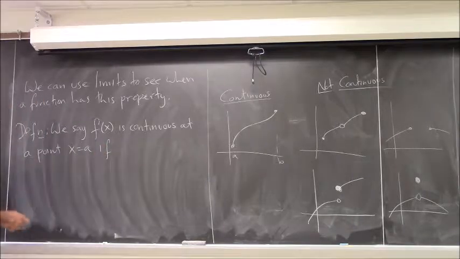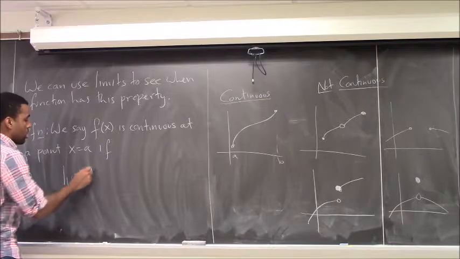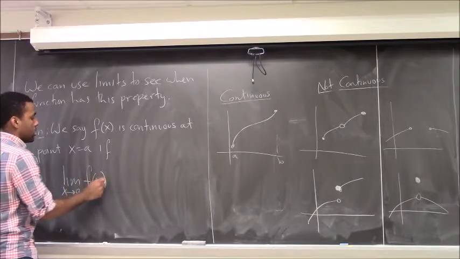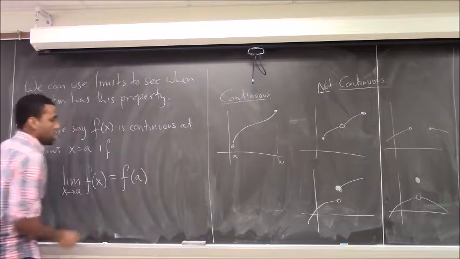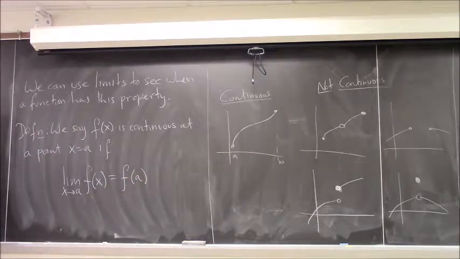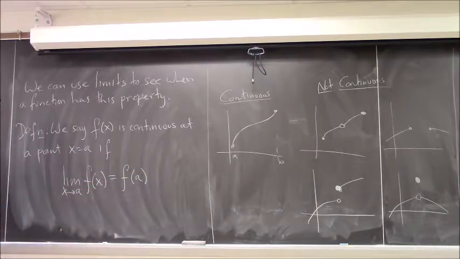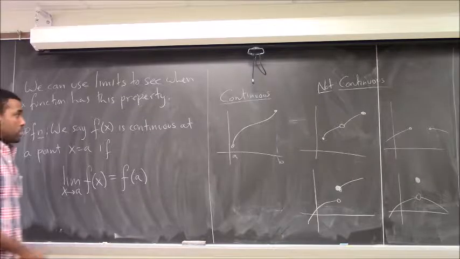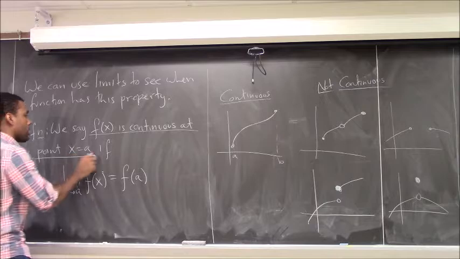If the following holds: if the limit as x approaches a of the function is actually equal to the value of the function at a. So if I evaluate the function at a, I will get a number. If my limit actually equals that same number, then the function is called continuous at the point x equals a.